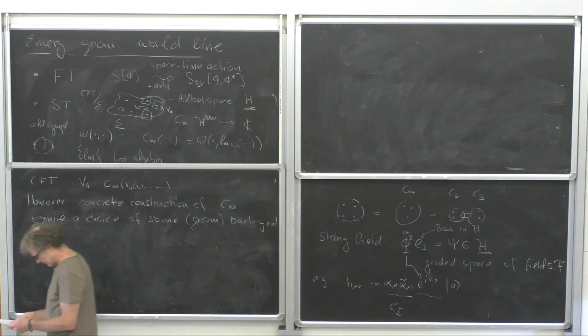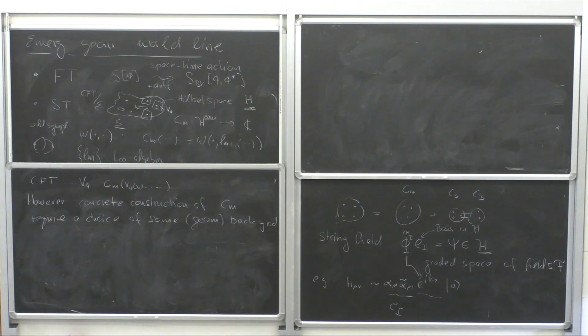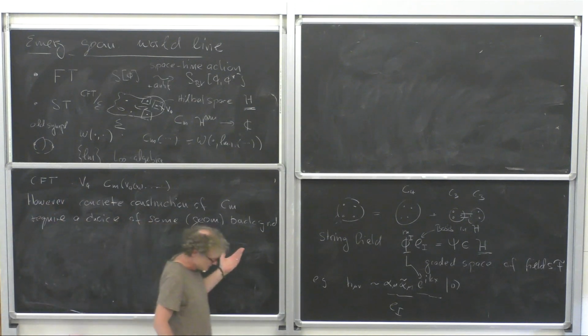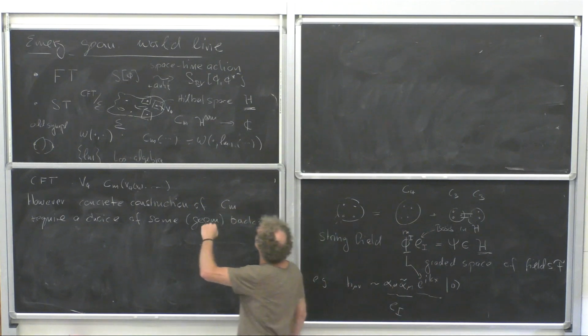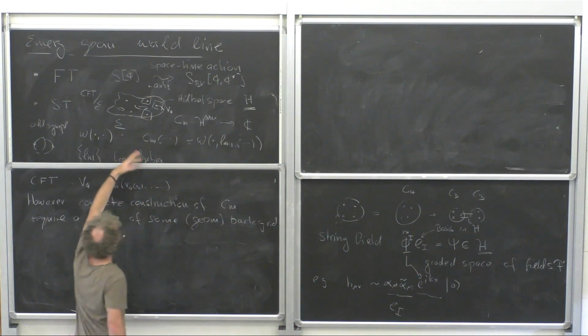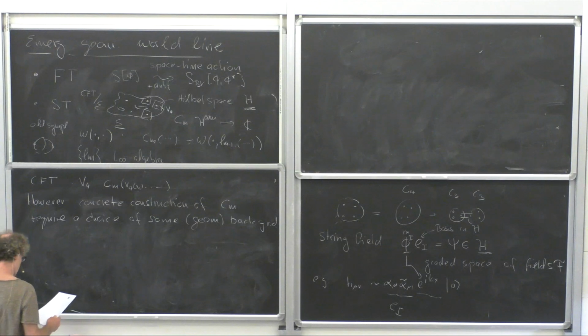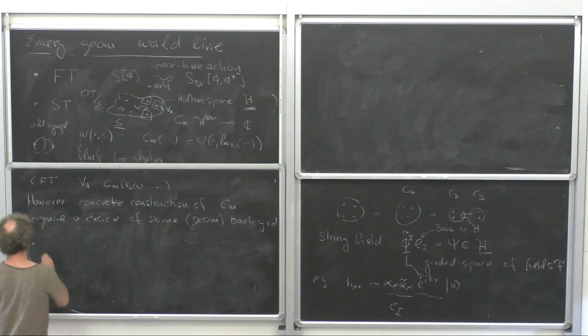But we can still proceed. So what one does is we assume a certain background, say this 10-dimensional Minkowski space or something like that, and then we simply expand. We do a perturbative expansion around this, so that's like if we do linearized gravity theory. And what we get is an action.